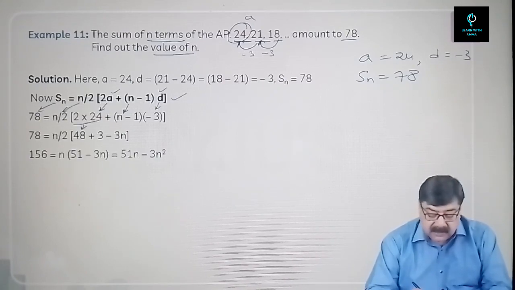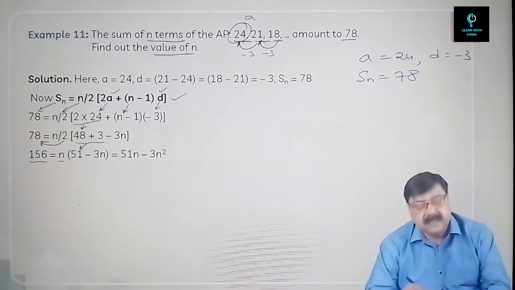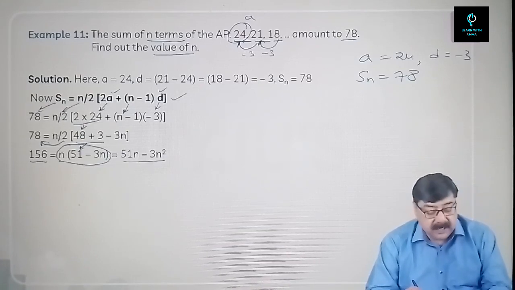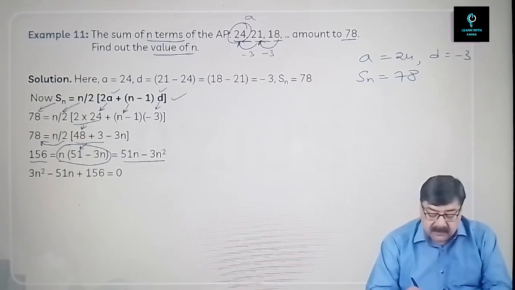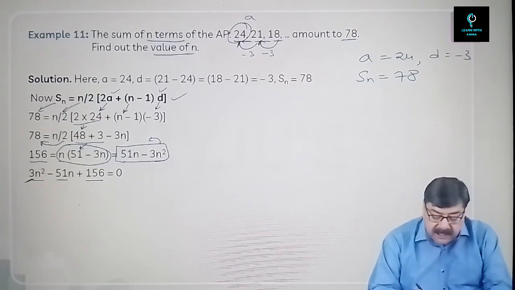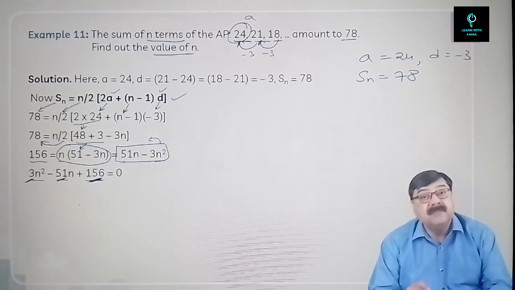Resolving this, 2 goes to the left hand side, 78 into 2 is 156. N remains here on the right hand side. 48 plus 3 is 51 minus 3n. So this shall become 51n minus 3n square. So we can form an equation here by taking this expression on the left hand side. So we get 3n square minus 51n plus 156. Now each of these numbers, 3, 51 and 156, is divisible by 3.